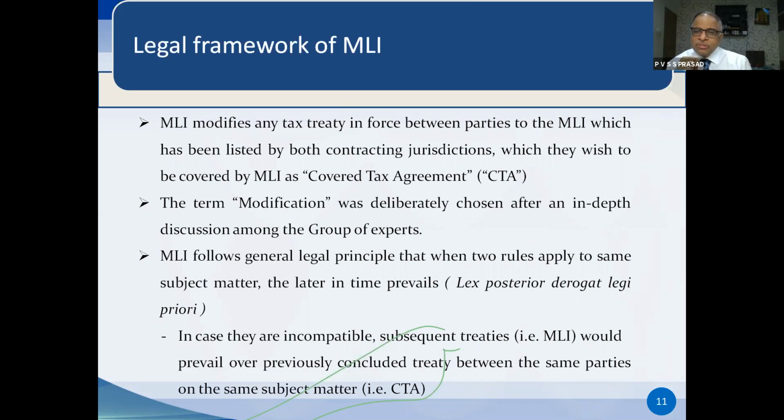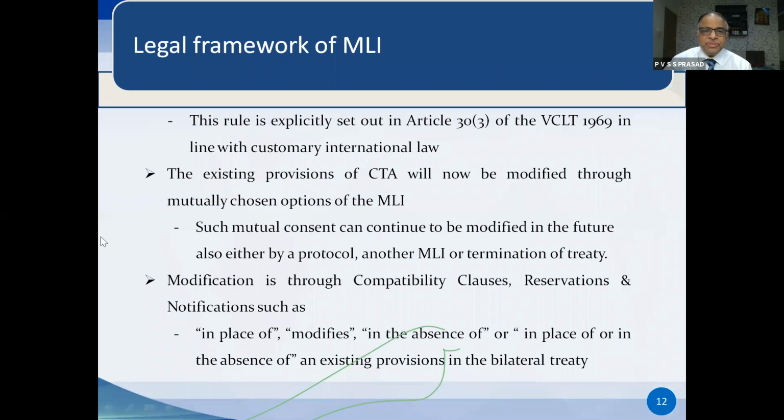And one of the rules pronounced in Article 30, sub-article 3, is lex posterior derogat legi priori. What does it mean? The subsequent agreement would prevail over the earlier agreement. And on the basis of this rule, MLI is going to operate.